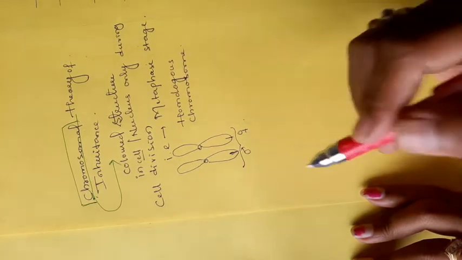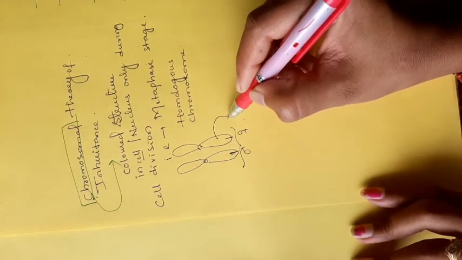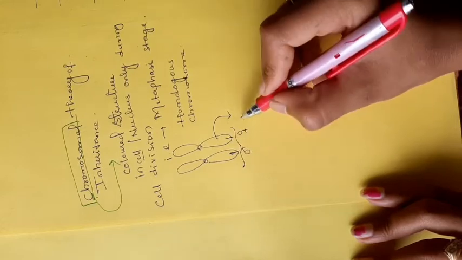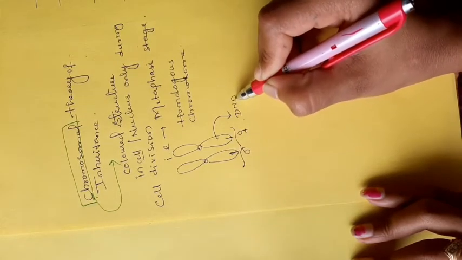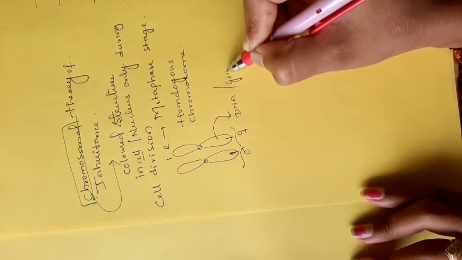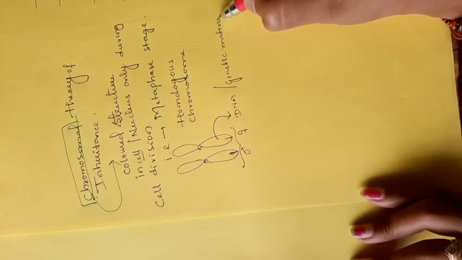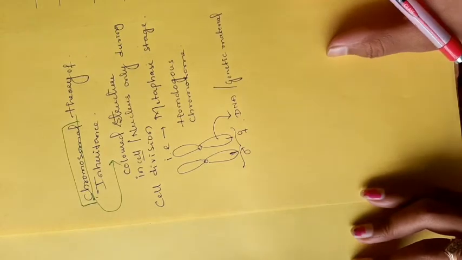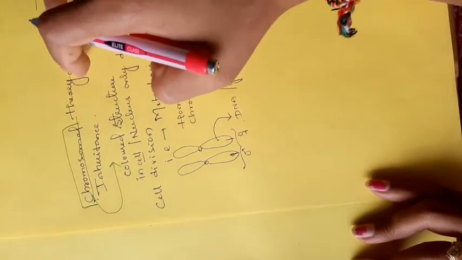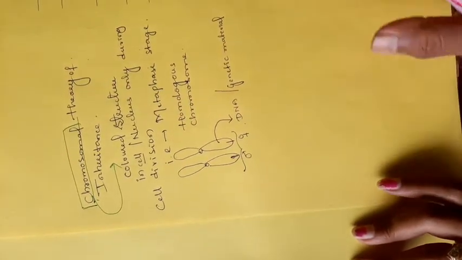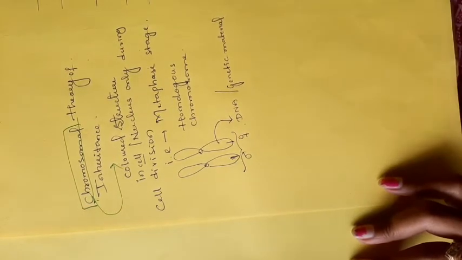Then inside the chromosome, DNA is present as the genetic material. In the initial class I explained all these things, but this is a very important topic, that's why I am going to revise briefly.